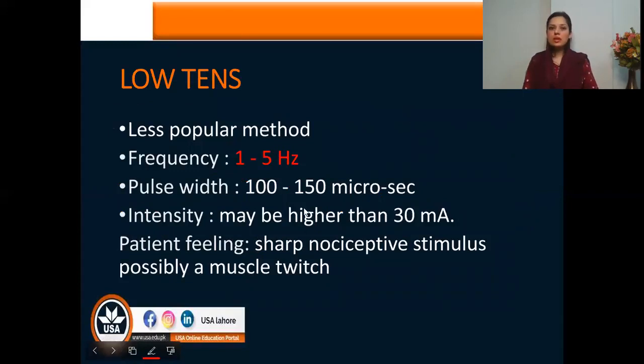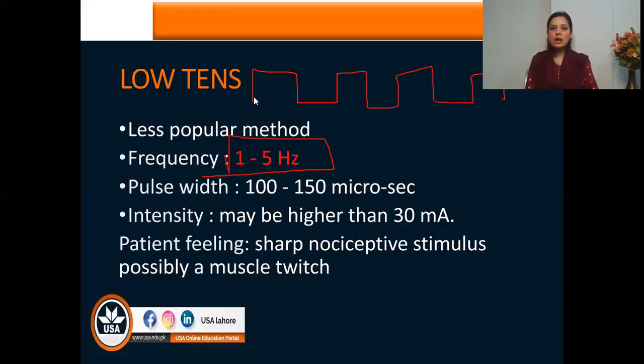Coming towards the low TENS, it is less popular just because it has a frequency of 1 to 5 hertz. 5 hertz means you are going to have 5 impulses, 1, 2, 3, 4, 5. Meaning you have only 5 impulses throughout the time duration.